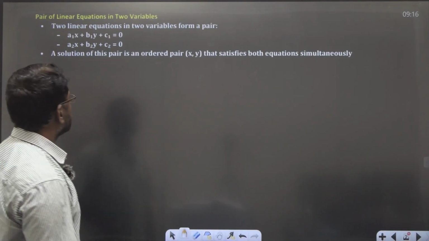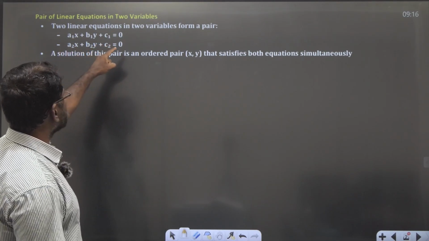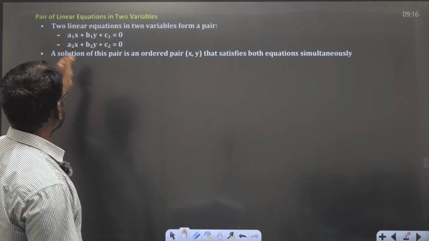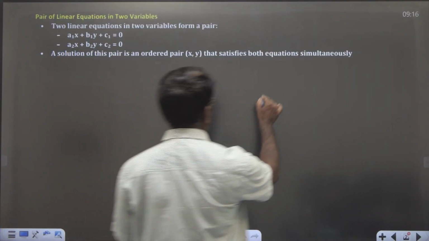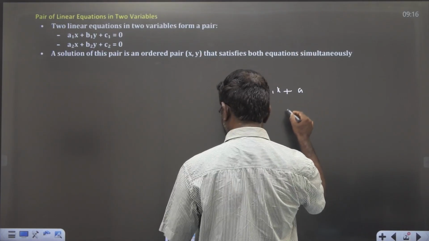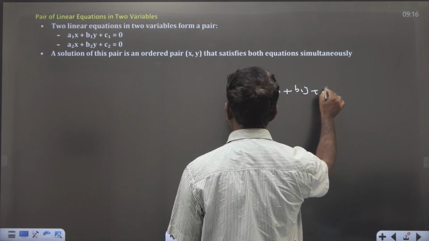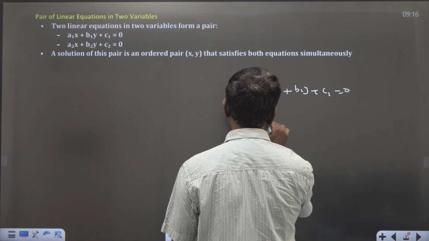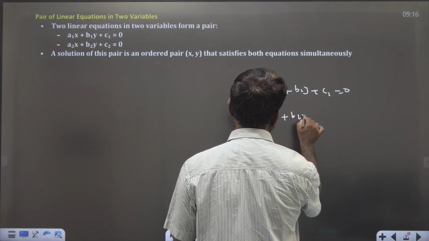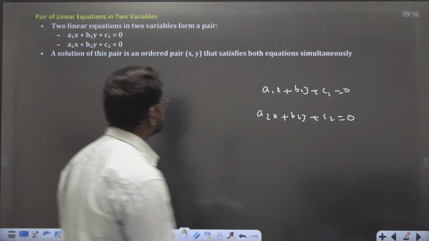Two linear equations in two variables form a pair. For example, a1x plus b1y plus c1 equal to 0, a2x plus b2y plus c2 equal to 0.